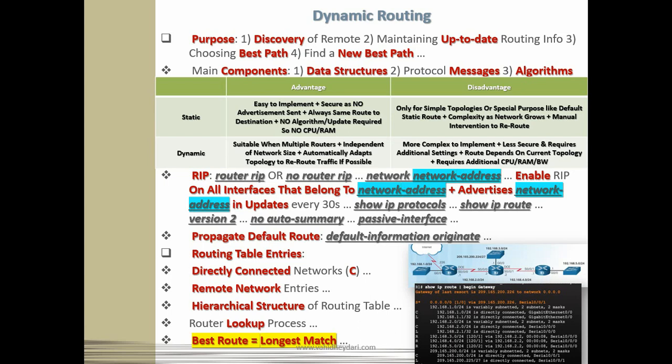Dynamic routing helps automatically implement the alternate path. When a primary link goes down, the alternate path takes over. The table towards the top of this slide is weighing up the advantages and disadvantages of static versus dynamic routing paradigms.